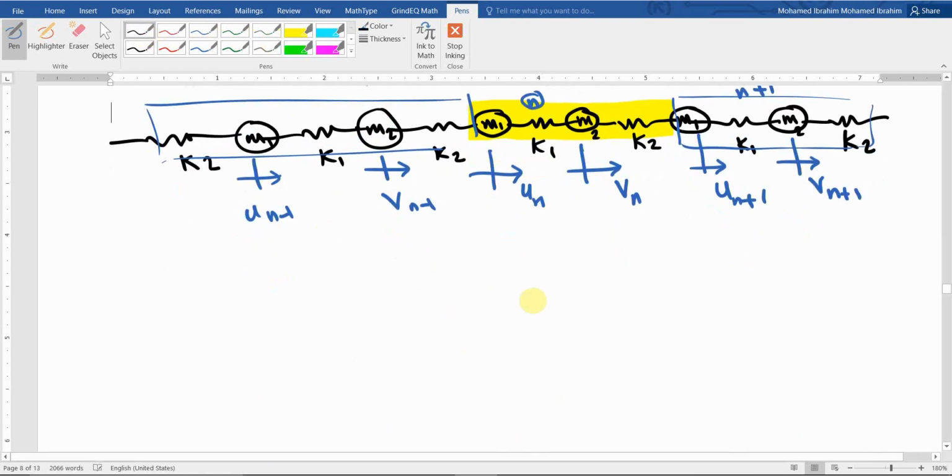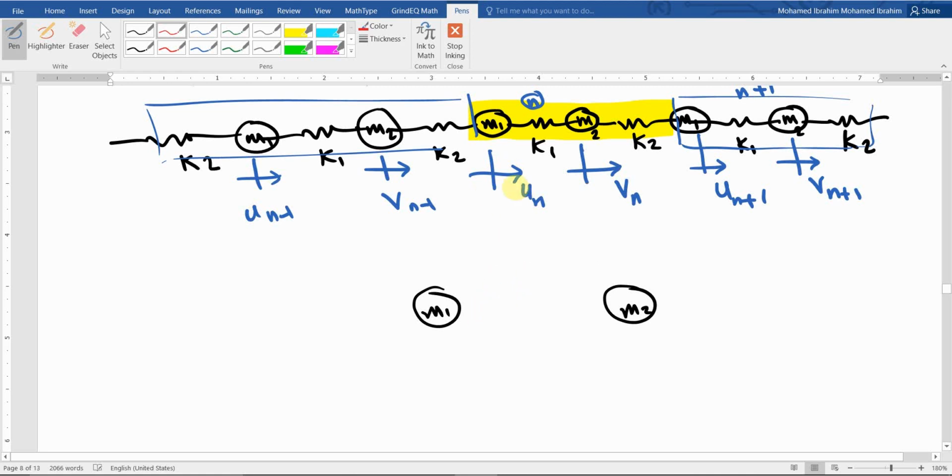So to derive the equations of motion, again, we have to draw the free body diagram of the two masses. This is the first mass, and this should be the second mass, M2. Make sense? Then we're going to set up some forces here. For example, this M1 is already connected to two springs, so there are two spring forces, one related to K2 and one to K1.